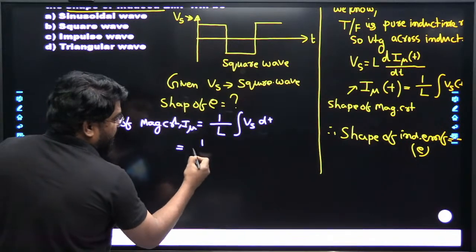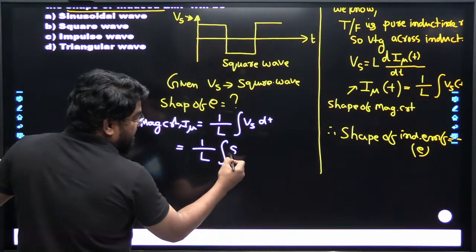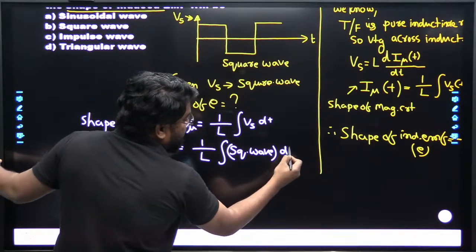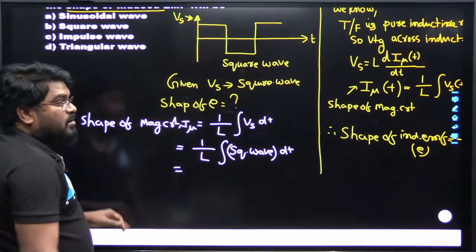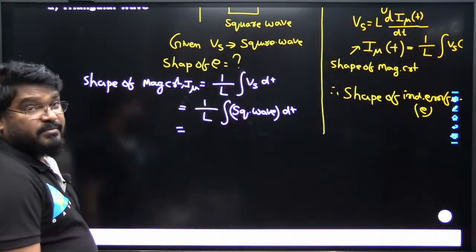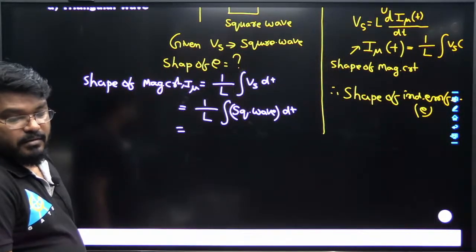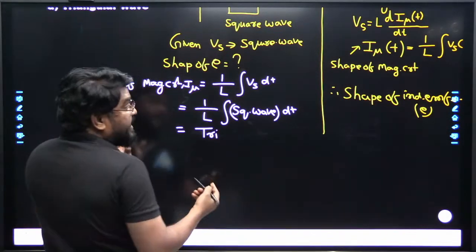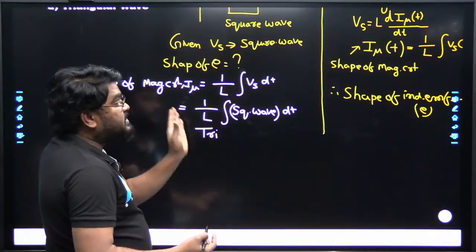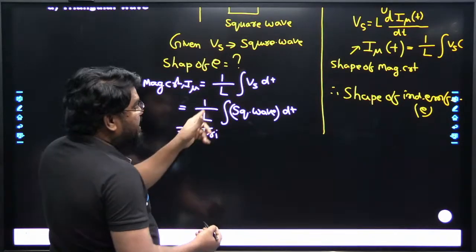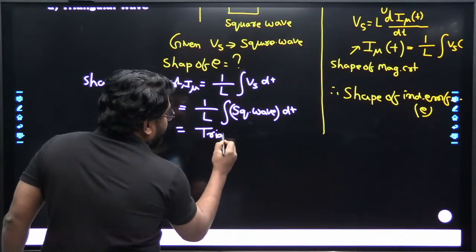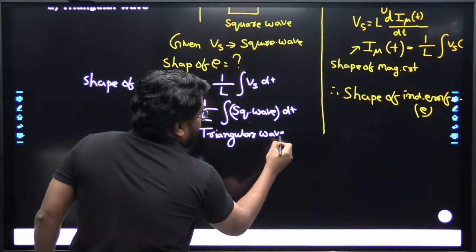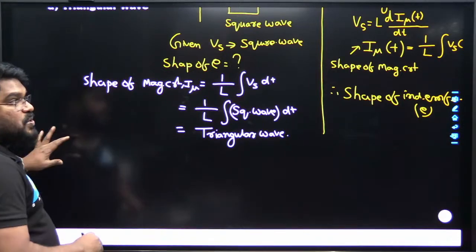This is equal to 1 by L integration of Vs dt, which is 1 by L integration of the square wave with respect to time. So what will happen to the integration of the square wave? The integration of a step signal is a ramp, and continuing, it becomes a triangular wave.